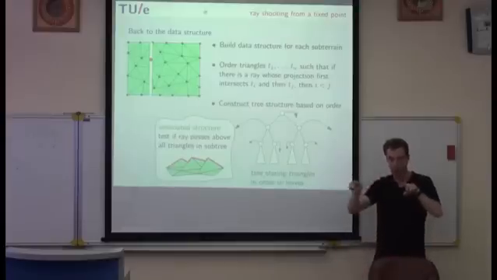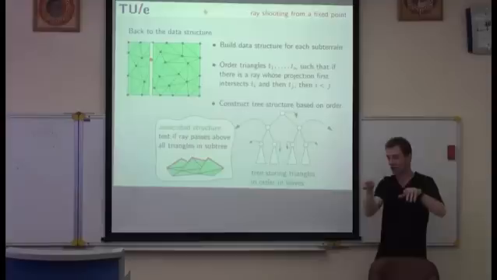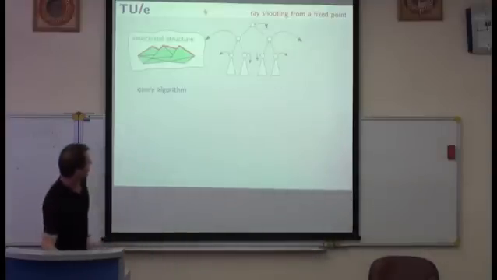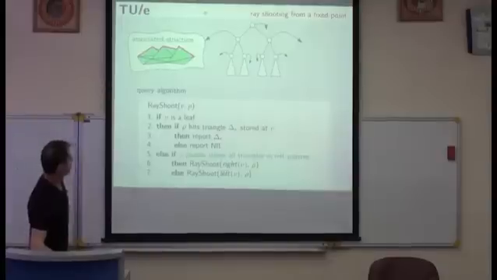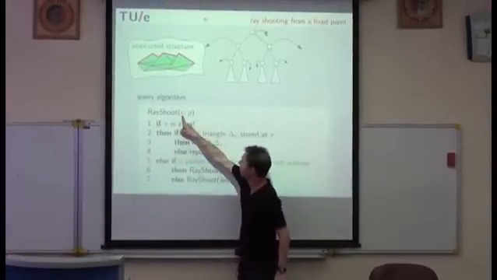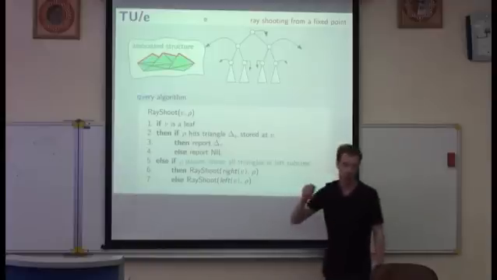I compute the upper envelope, and I make a binary tree over it so that I can do binary search. This is my pre-processing. And now the query algorithm is, well, what we said before. You get to a certain node, initially the root.